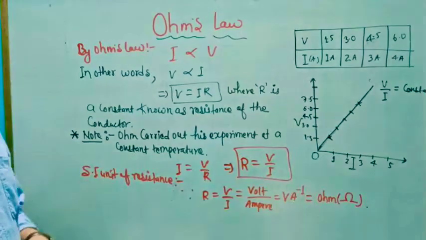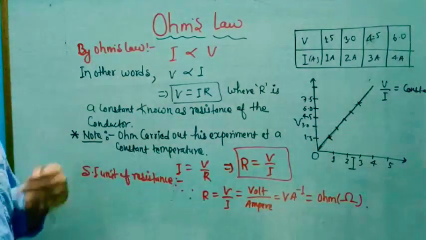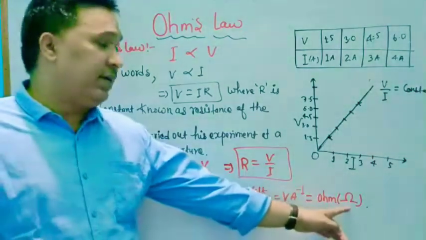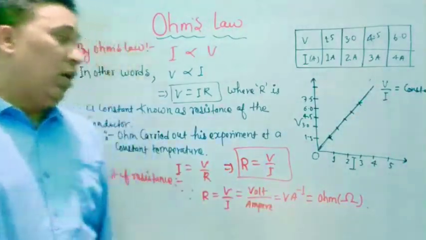So the SI unit of resistance is volt per ampere, which is known as ohm, represented by this particular symbol.